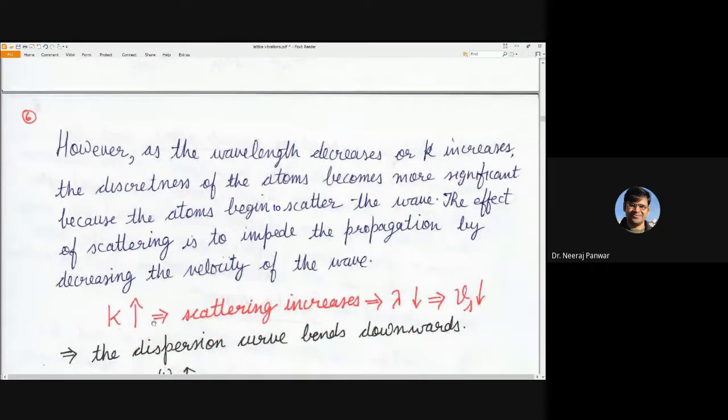So as the wavelength decreases or k increases, scattering increases, and the velocity of the lattice wave decreases, and exactly at the zone boundary, a lattice wave would be a standing wave with group velocity equal to 0.